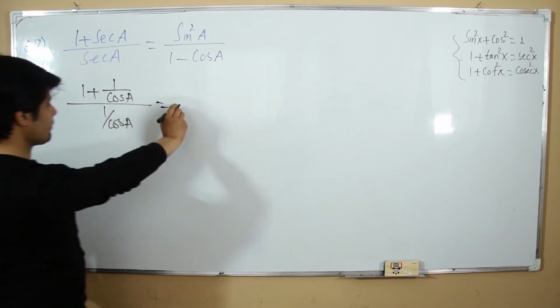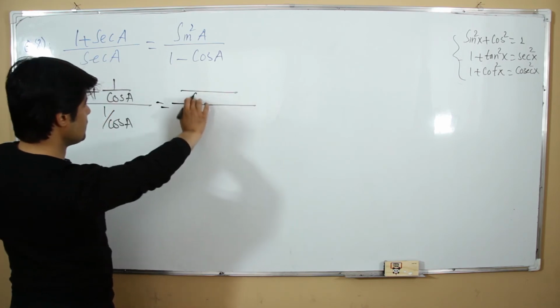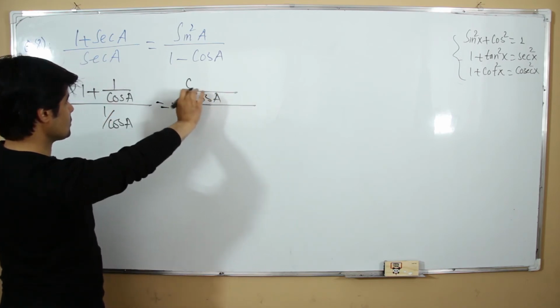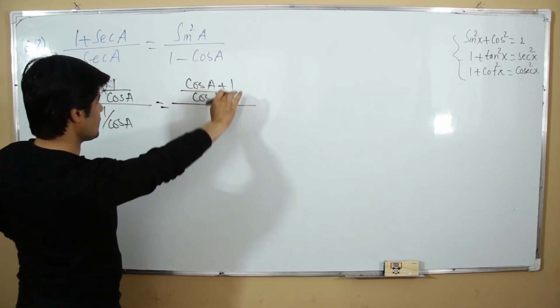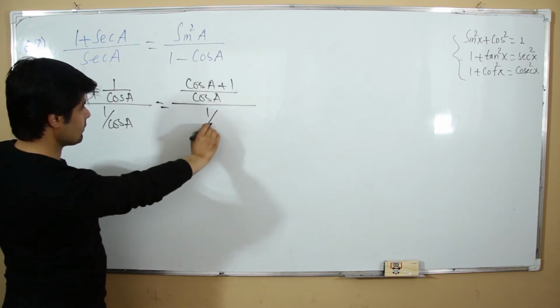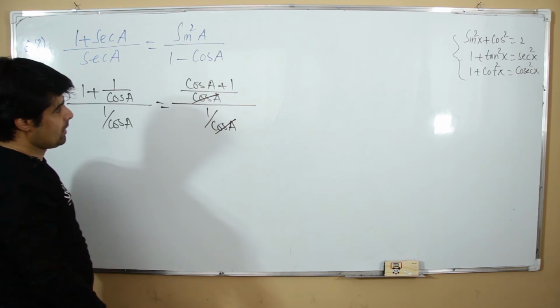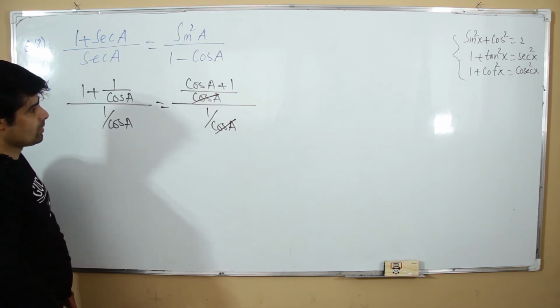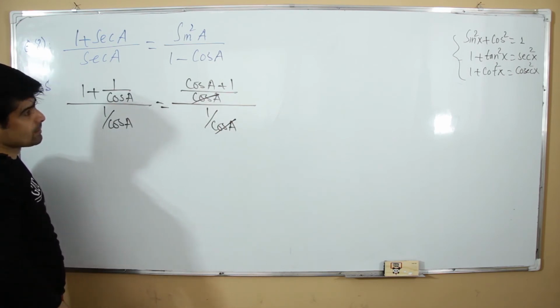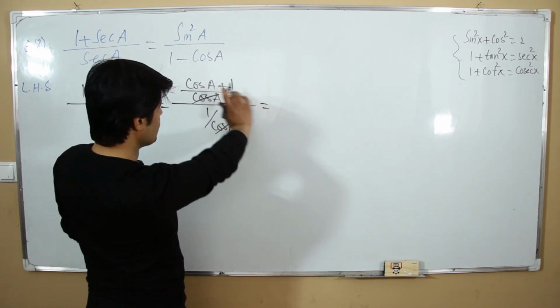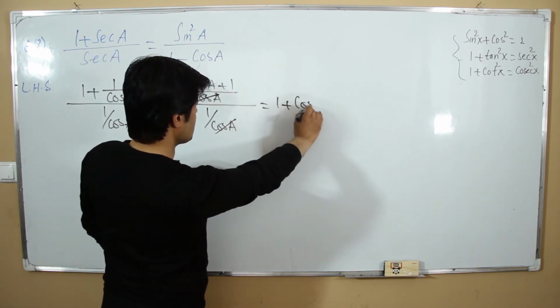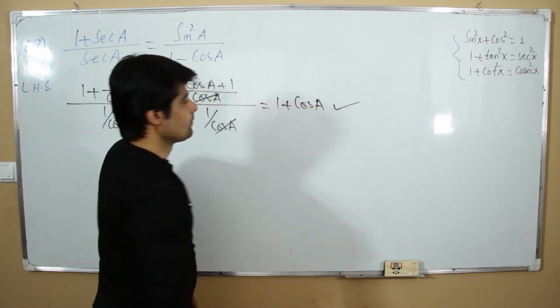Now you will have the factor in denominator cosine a, so it would be cosine a plus 1, and this one is 1 divided by cosine a. This cosine a with cosine a is cancelled. Am I right or not? Yes. So you will have 1 plus cosine a.